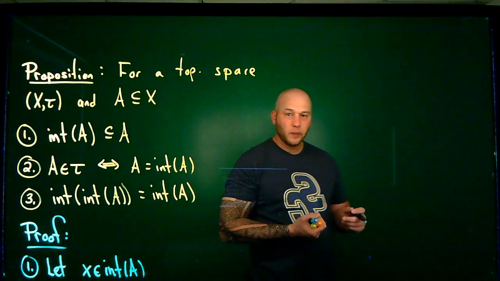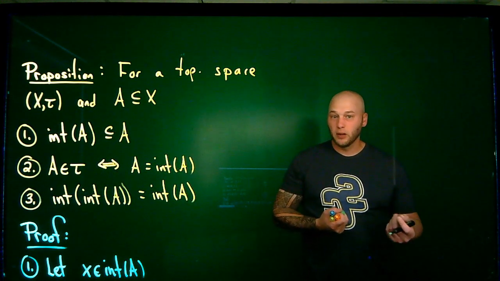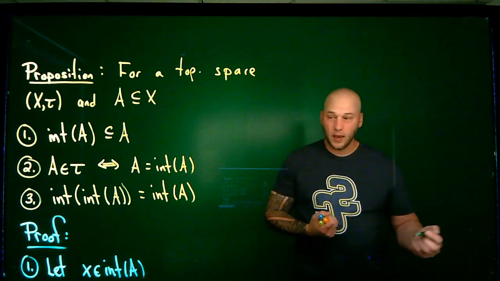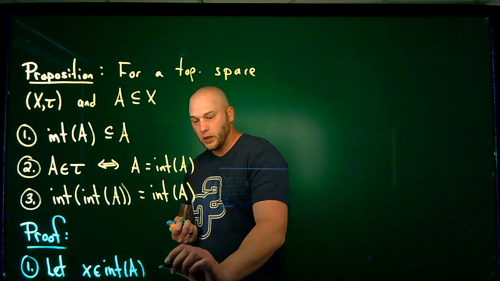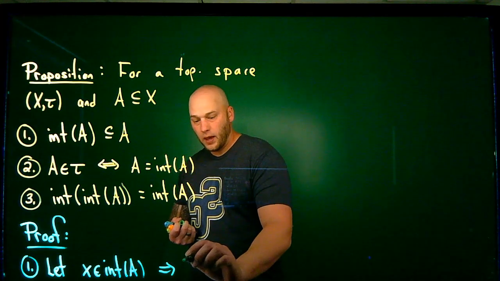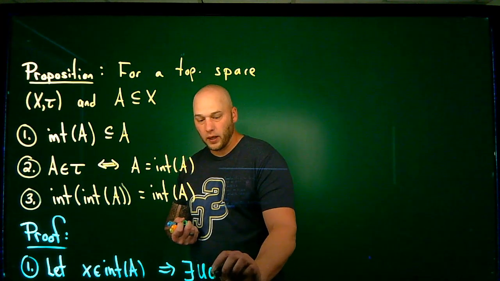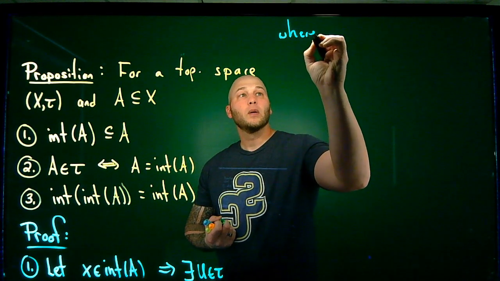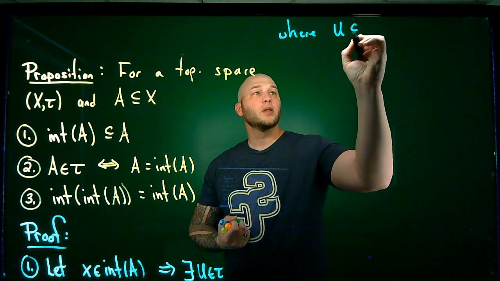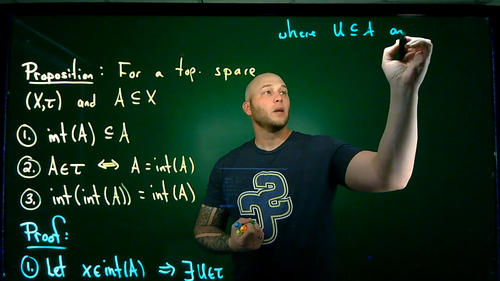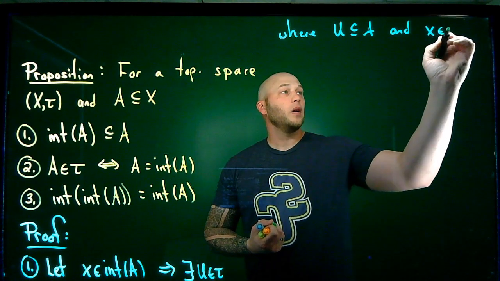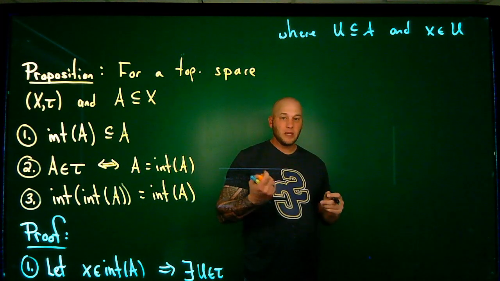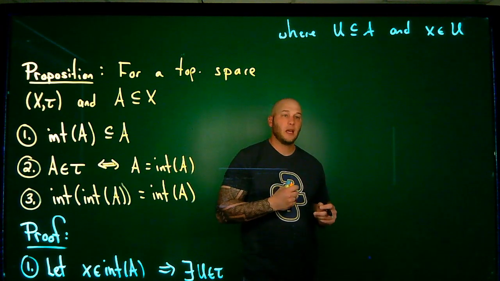If x is an element of the interior, remember the interior of the set was the union of all the open sets contained within A, then this must imply that there exists an open set U where the open set is contained in A, and x is an element of U. In other words, if x is an element of the interior, it must be an element of one of these open sets contained in A.